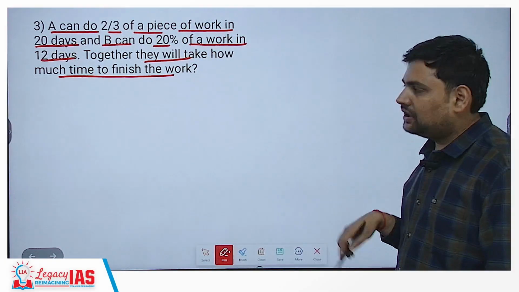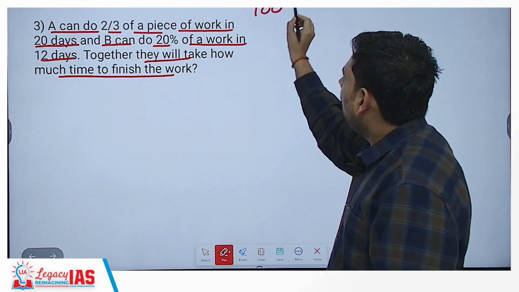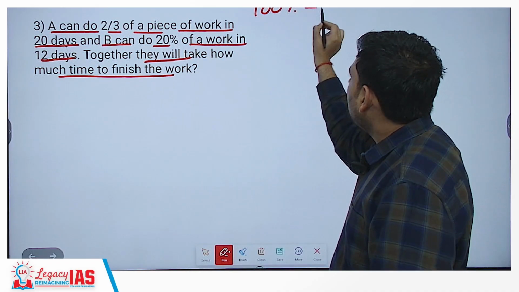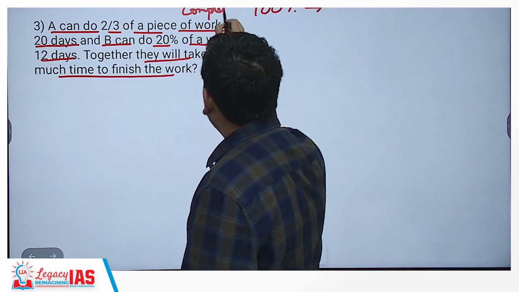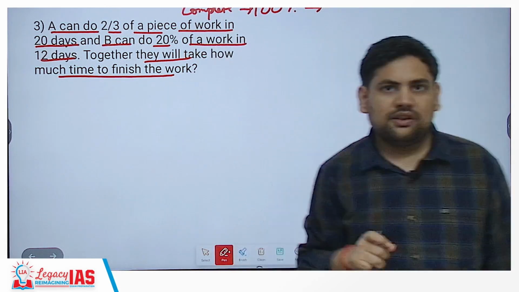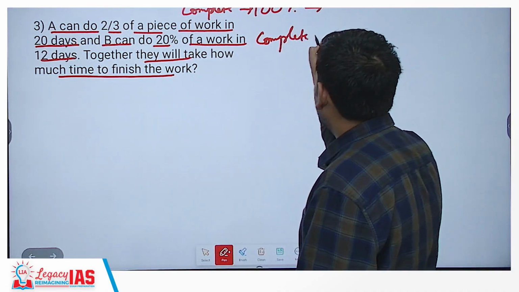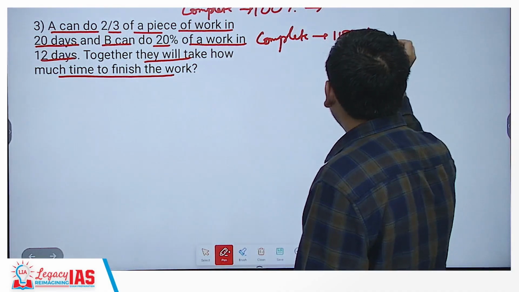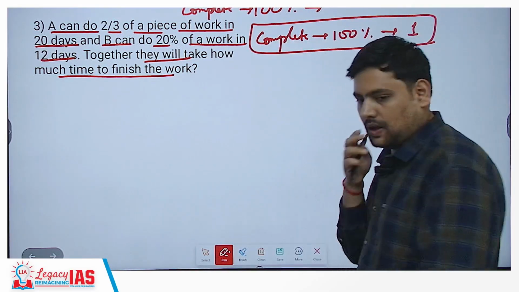So 2/3 work. Now understand that anything complete, or a work being complete, is equivalent to 100% or in fraction equal to 1.